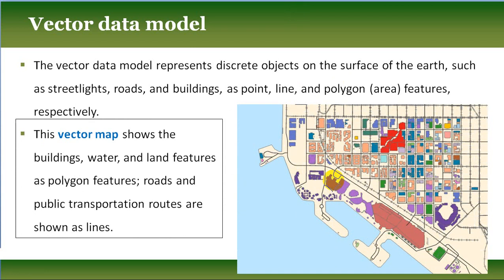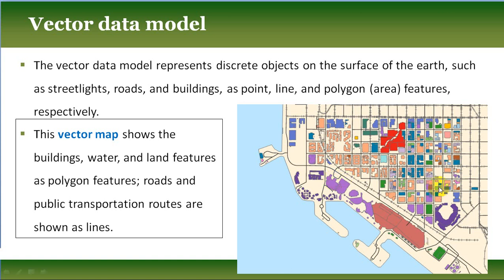So finally, when we present all those point, line, polygon geometry, the vector map shows the building, water and land features as polygon features. Roads and public transportation routes are also shown here as line features.